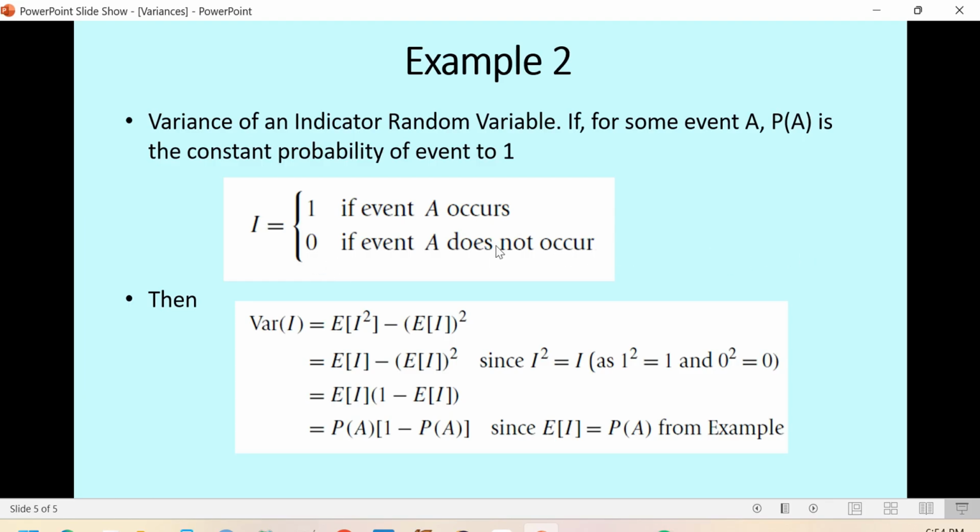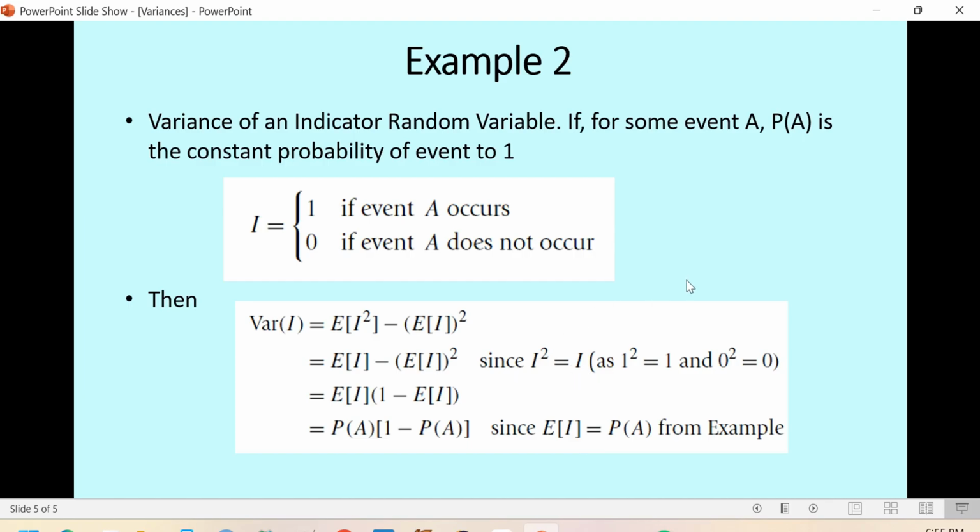So this expectation is P(A), because 1 times P(A) equals P(A), and 0 times (1 minus P(A)) equals 0. So the expectation of this random number is P(A). Then we can write it as P(A) times (1 minus P(A)), because here P(A) is E[I] and I squared is I.